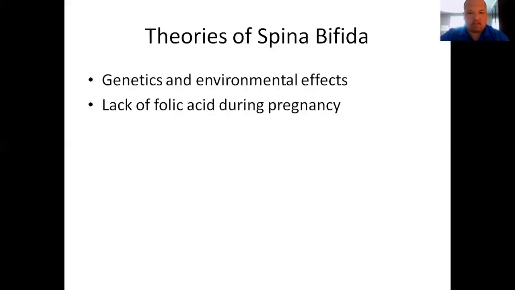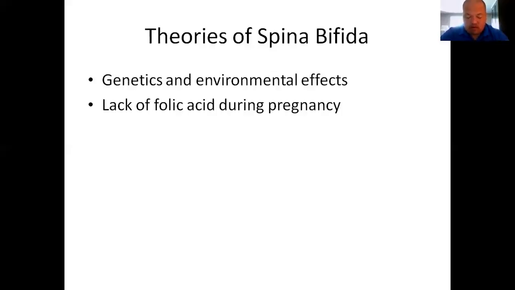The problem with spina bifida is that this occurs so early in the pregnancy that a lot of people don't know that they're pregnant and aren't taking the vitamin B or prenatal vitamins that are necessary to help prevent spina bifida, and therefore it's very hard to prevent or to recognize that there's going to be spina bifida in the very beginning.